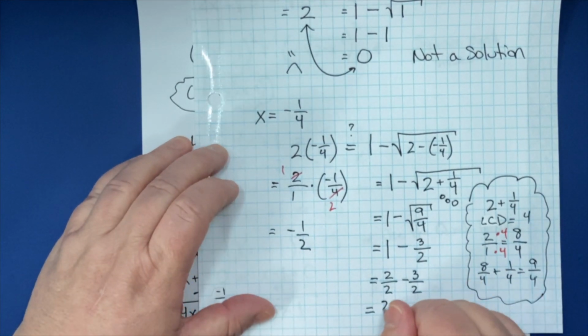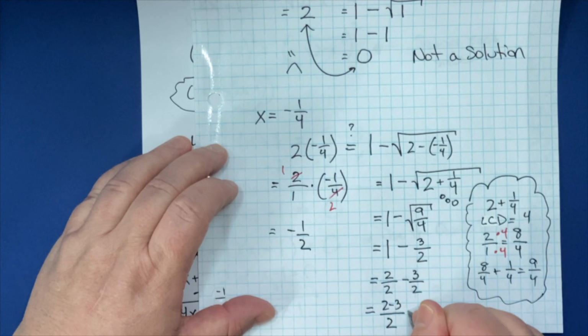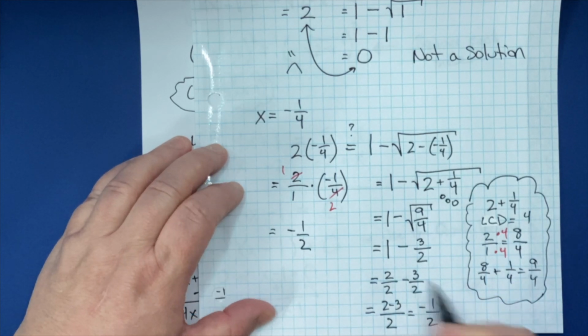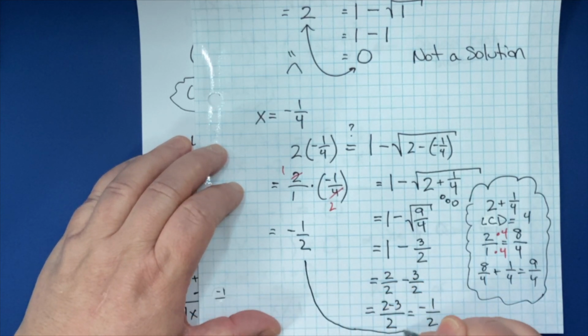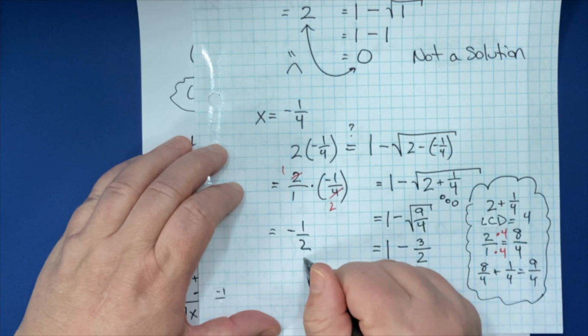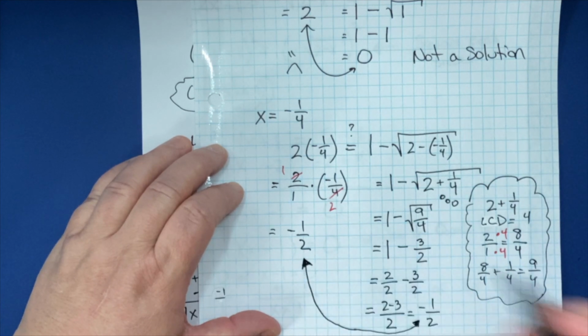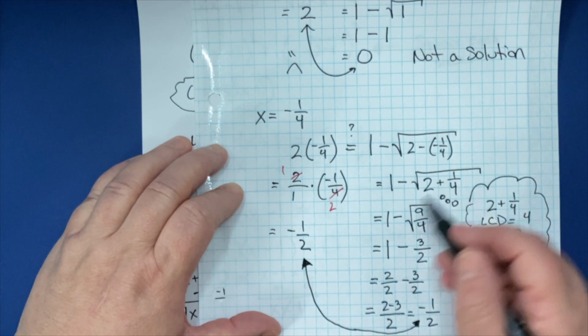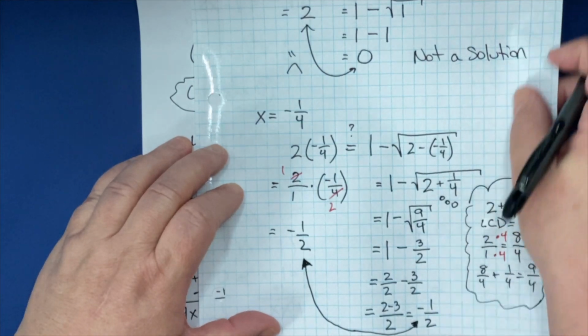That's equal to 2 minus 3 over 2, which is negative 1/2. Oh my goodness. Look at that. How exciting is this? Even though it seemed really unlikely, the two sides are equal. And yeah, we have to do a lot of work to get there, but that's kind of cool.